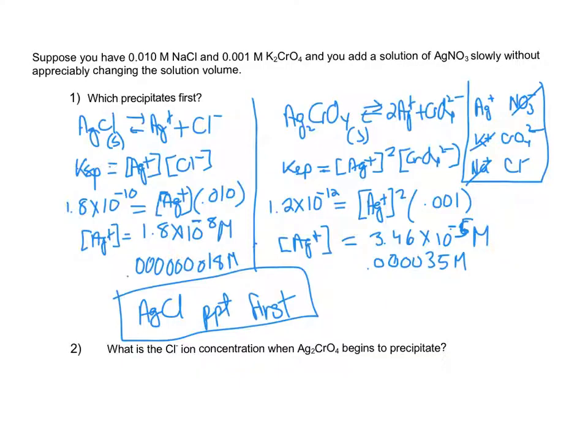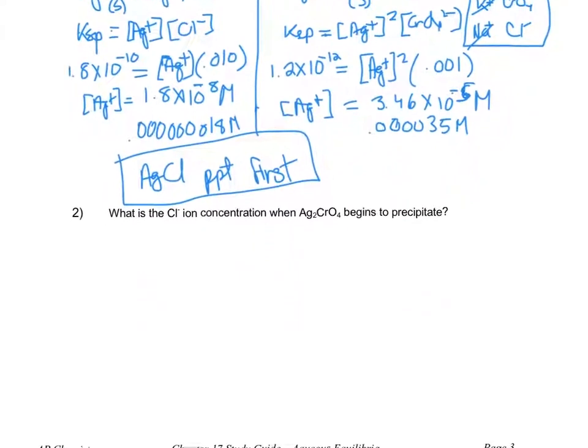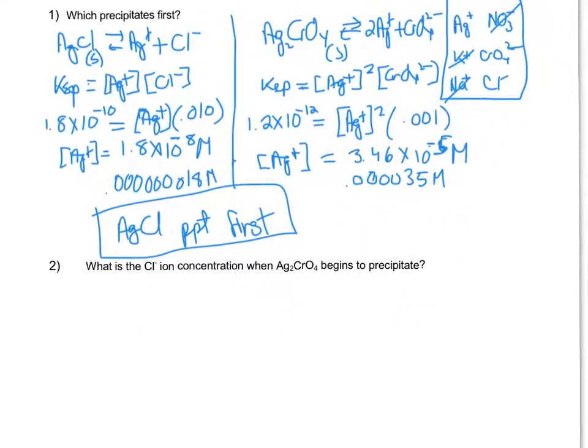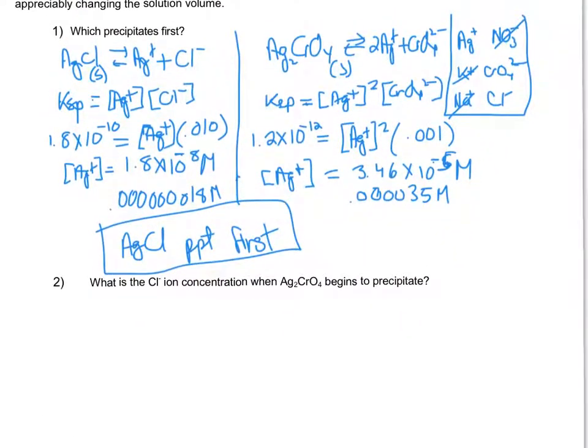All right, next question says, what is the chloride ion concentration when the Ag2CrO4 begins to precipitate? Let's think about this for a second. So when would the Ag2CrO4 begin to precipitate? Well, it would begin to precipitate when this is the concentration of the silver ion.